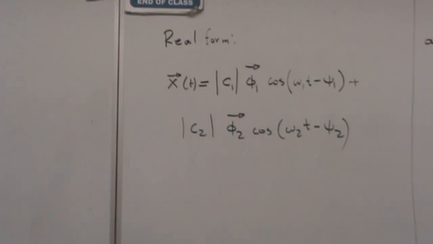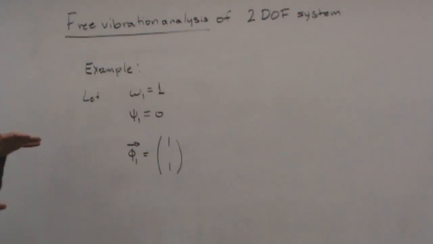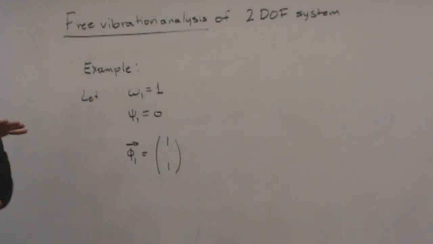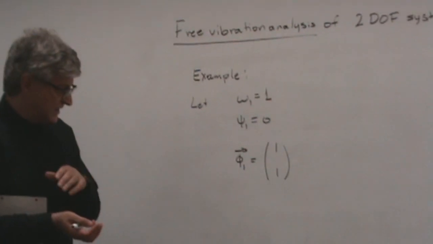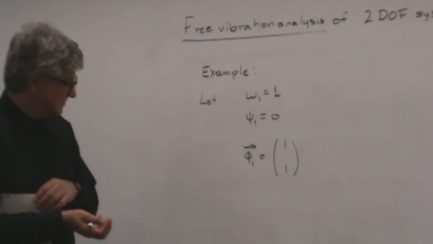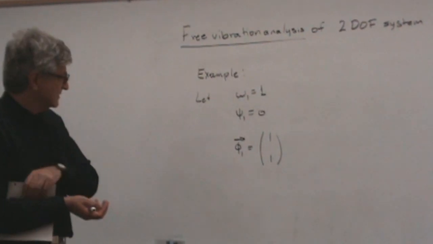And the first mode shape is a vector with ones, which means that in the first pattern of motion, both masses oscillate and they have the same amplitude. The amplitude is 1, and they oscillate in sync.